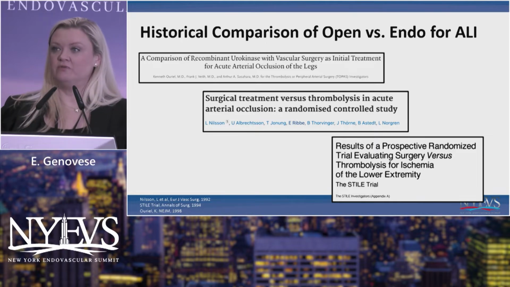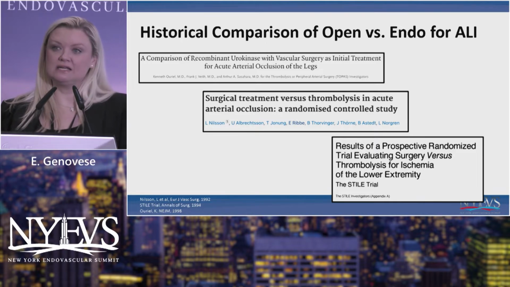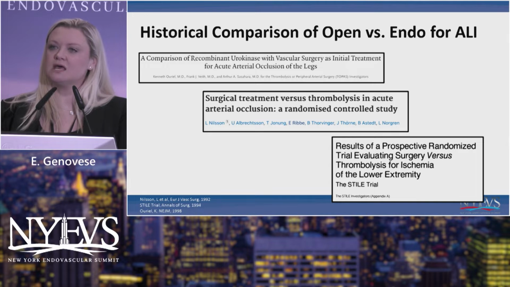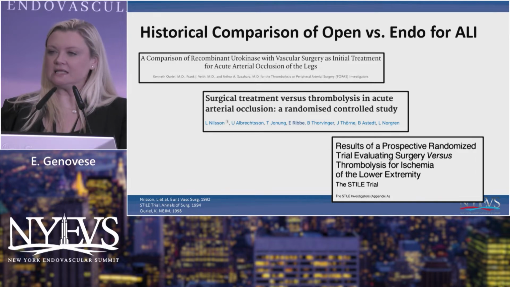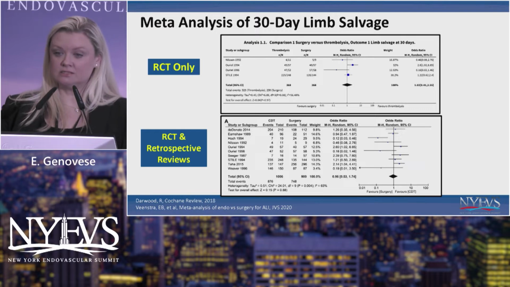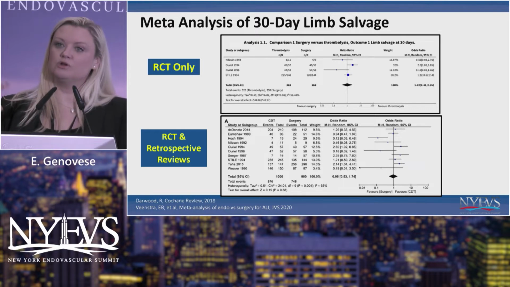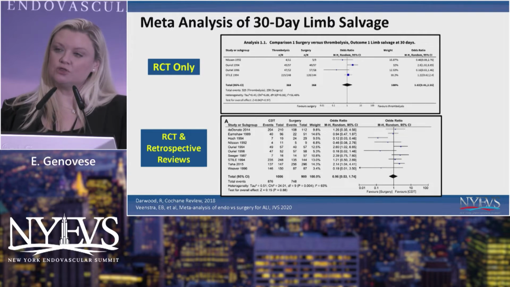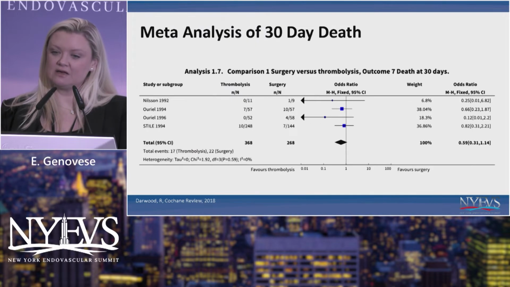Traditionally, when we talk about open versus endo, we have a lot of historic data that compared open revascularization to catheter-directed lysis. These are some of the landmark trials that we leaned on in the 90s. When you looked at a meta-analysis that compared these randomized controlled trials, or combined them with other retrospective studies, you can see that there is no difference in 30-day outcomes with regards to limb salvage.